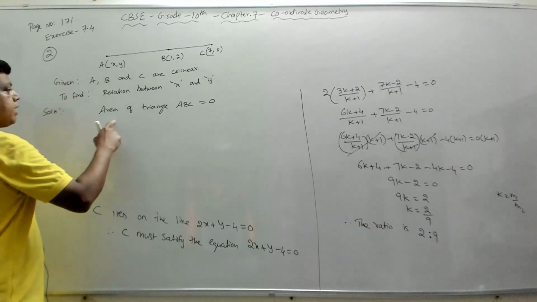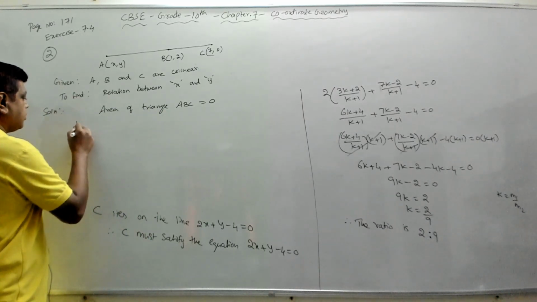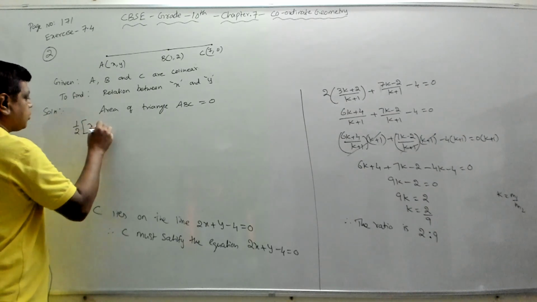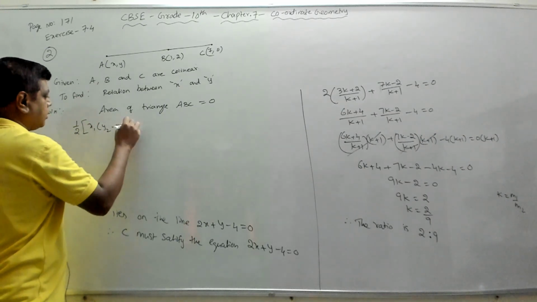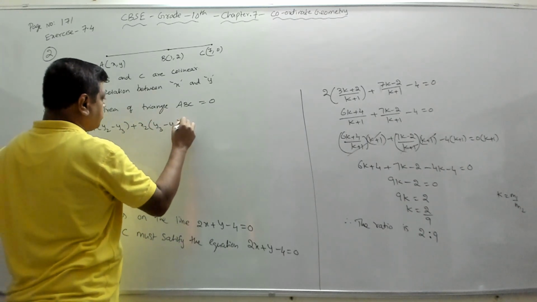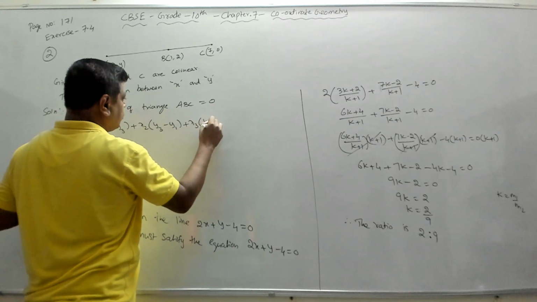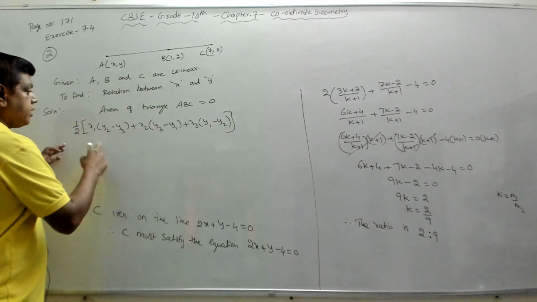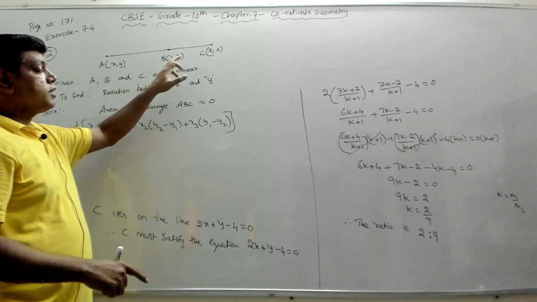Now what is the formula for the area of triangle ABC? That is half of x1 into y2 minus y1 plus x2 into y3 minus y1 plus x3 into y1 minus y2. So this is the formula to find the area of the triangle when three vertices are given.